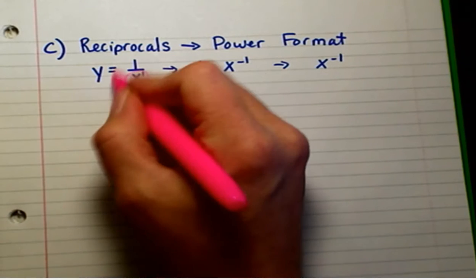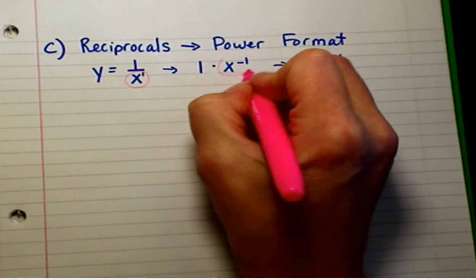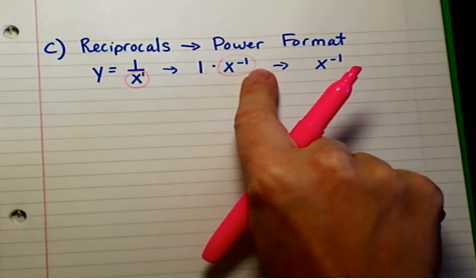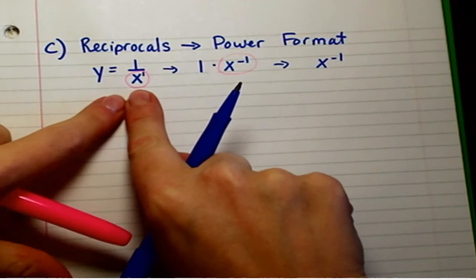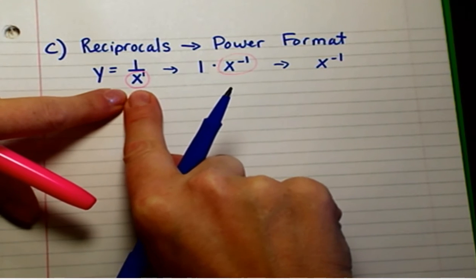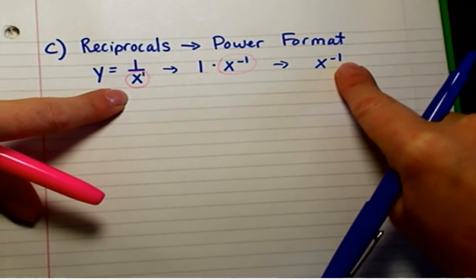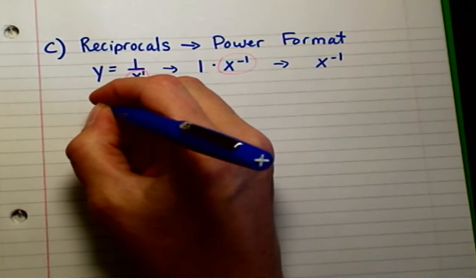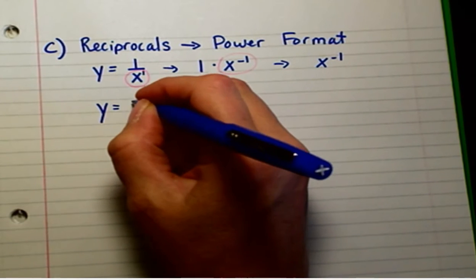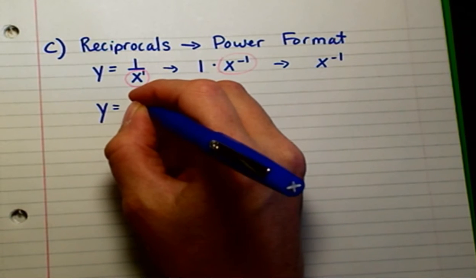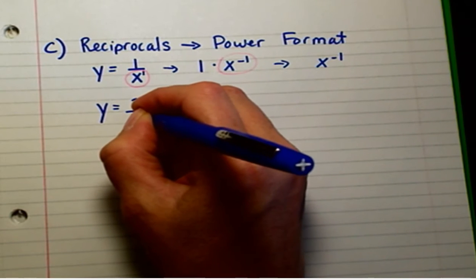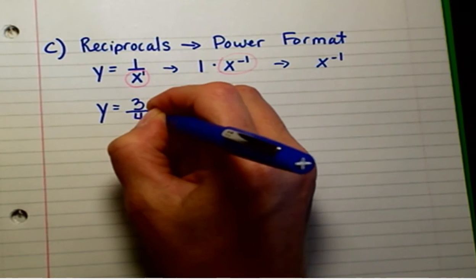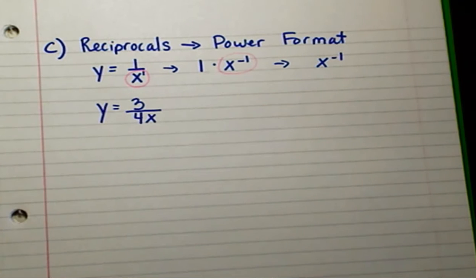In order to change the location of the x from the denominator to the numerator, the sign on the exponent changes. So all we're doing right now is looking at how to get from a reciprocal, which is an x in the denominator, to a power format. So let's try 3 over 4x.